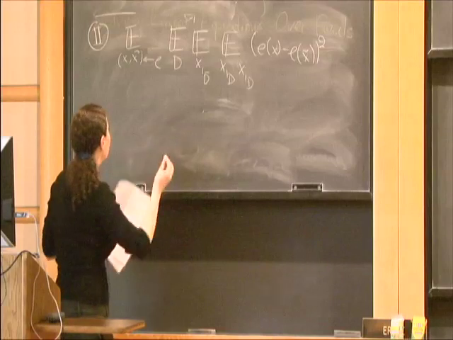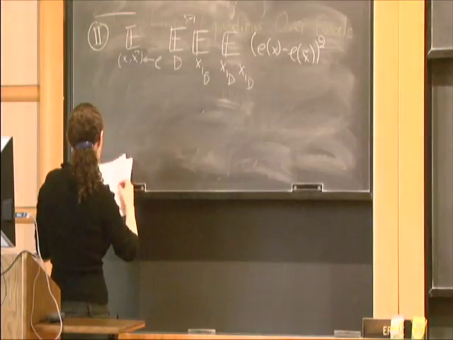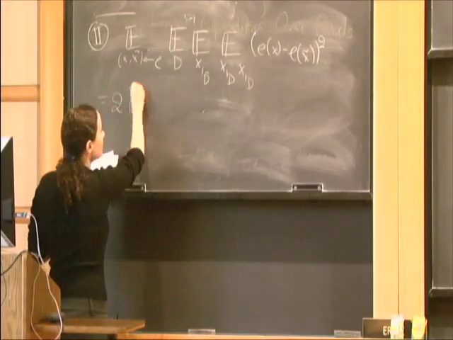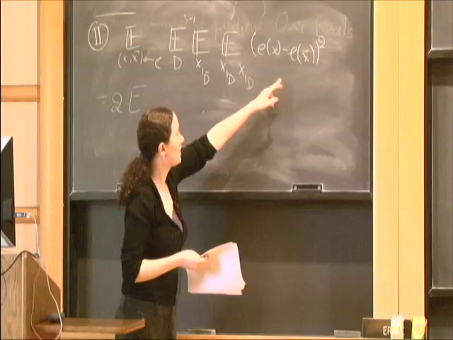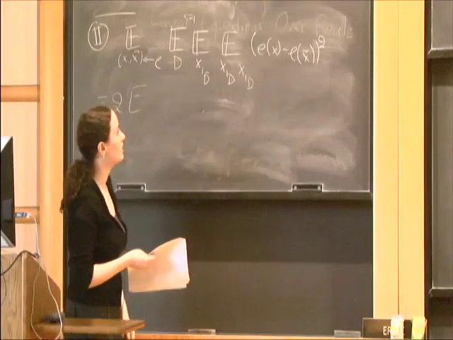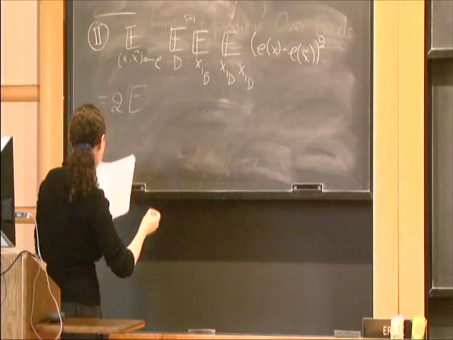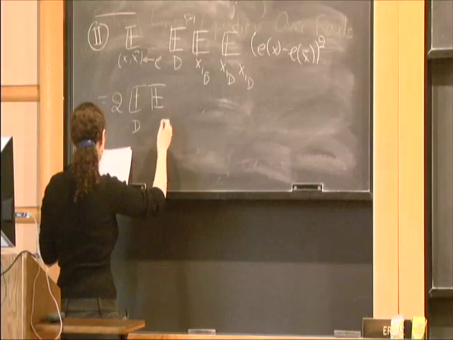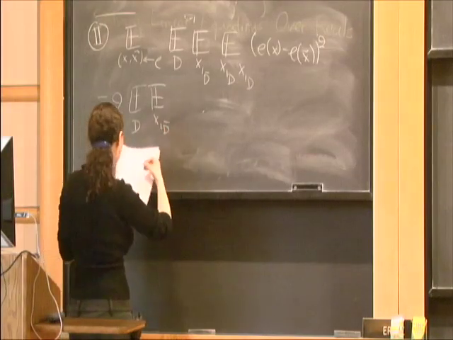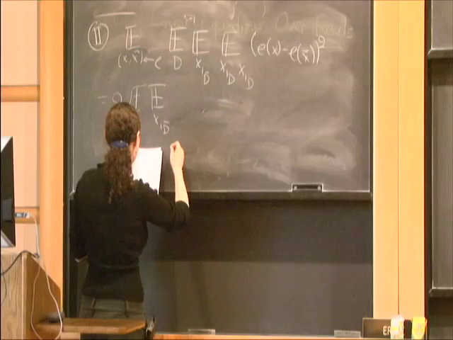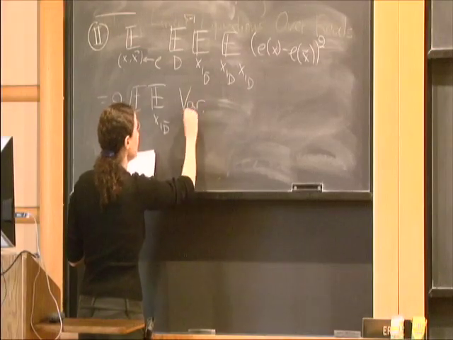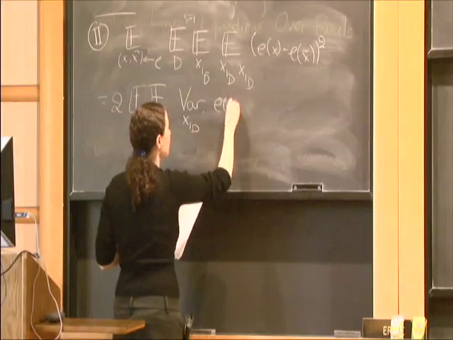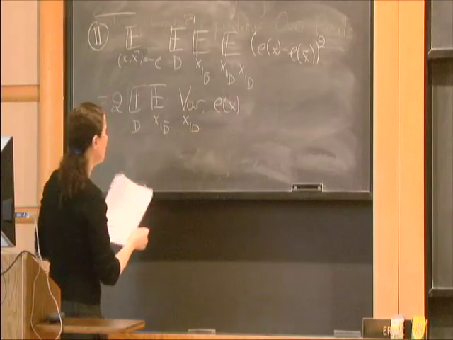Good. So let's write this. So this is 2. So this is the same as the variance up to factor 2, the variance when I change what I do on this subset, the changes of E of x.